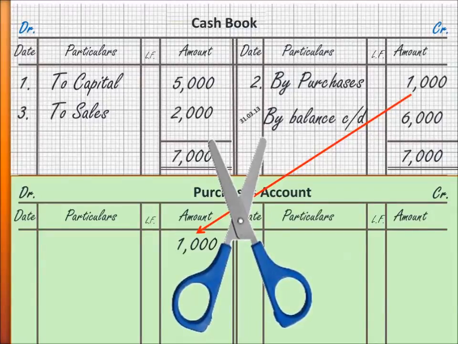So the left item goes to the right side, the right item goes to the left side. So you will write down 1,000 in the debit column and to cash account, and the date will be 2, because there is no date, so we have to write down the serial number of the transaction. So to cash book or to cash account, whatever you like.